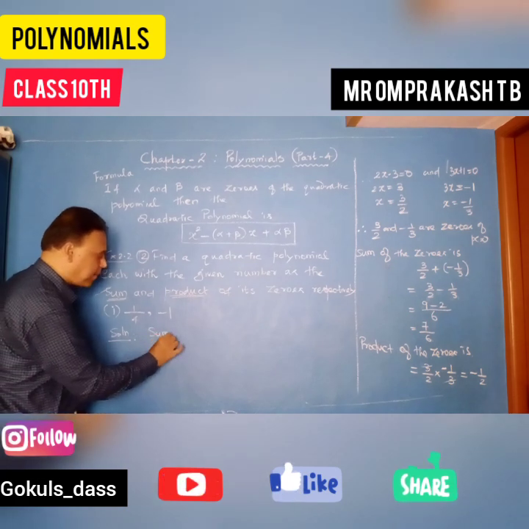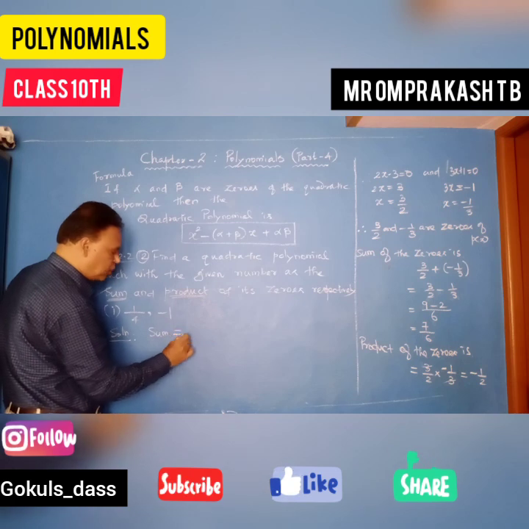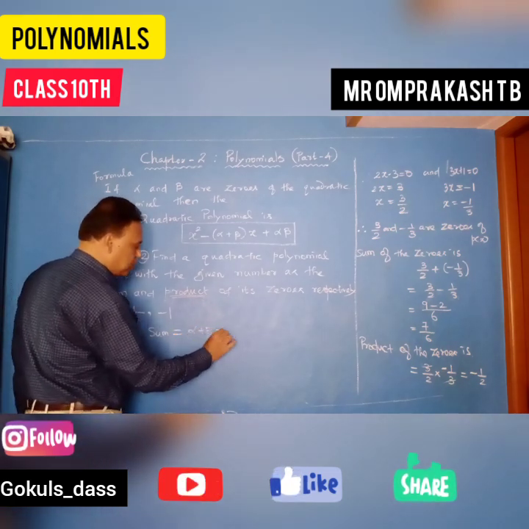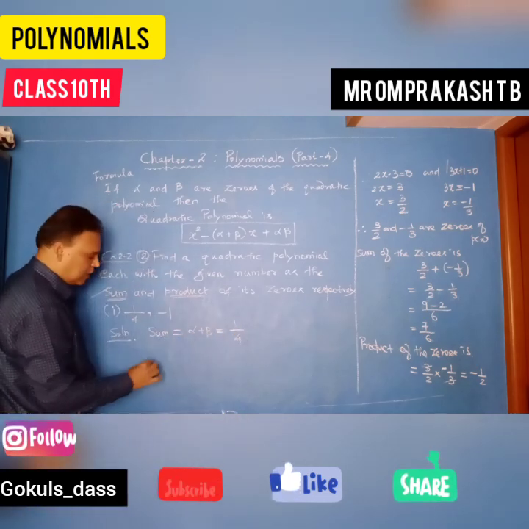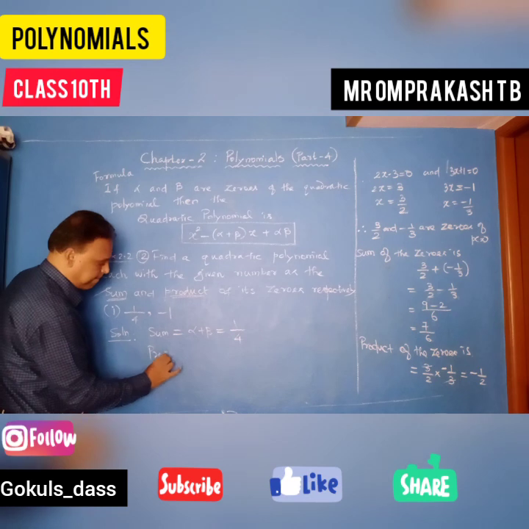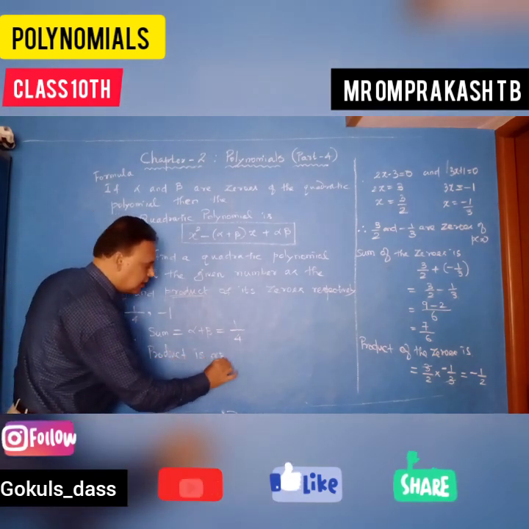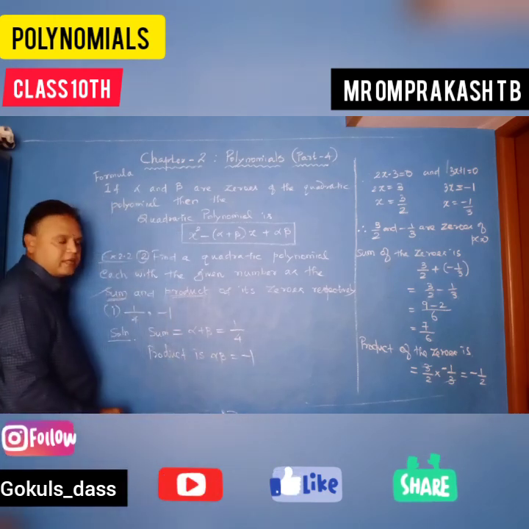Sum, that means alpha plus beta, is equal to, take the first one, 1 by 4. Product is alpha beta. That is minus 1. Take it minus 1. Clear?